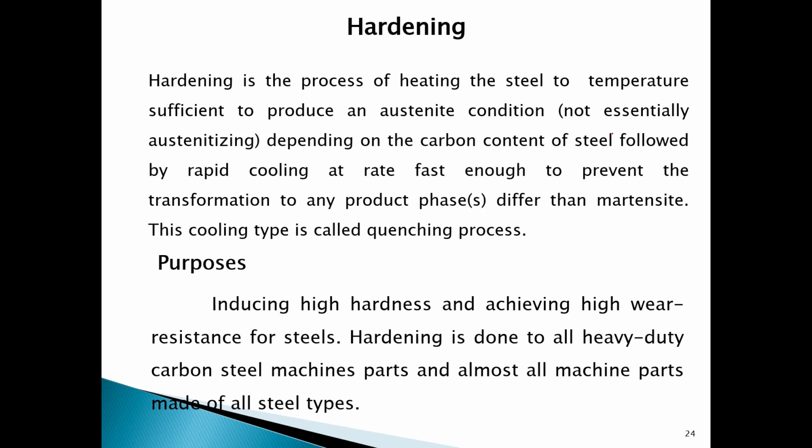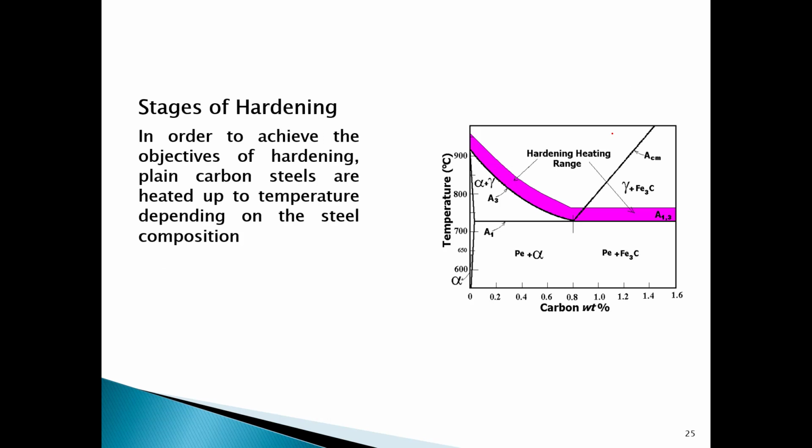Purpose: inducing high hardness and achieving high wear resistance for steel. Hardening is done to all heavy-duty carbon steel machine parts and almost all machine parts made of all steel types. Stages of hardening: plain carbon steels are heated up to a temperature depending upon the steel composition. This is the hardening region.